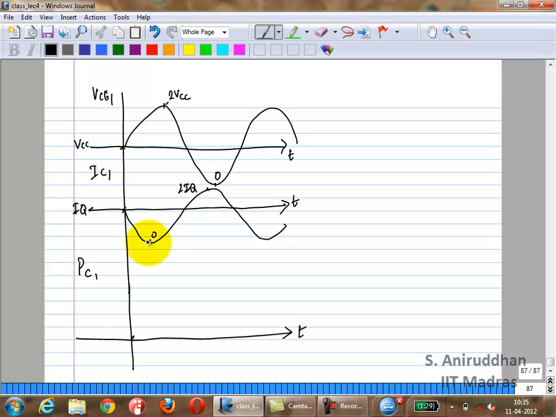Huh? It's going to be double the frequency. Correct? It's going to look something like this. This is the power dissipated in Q1. Okay?